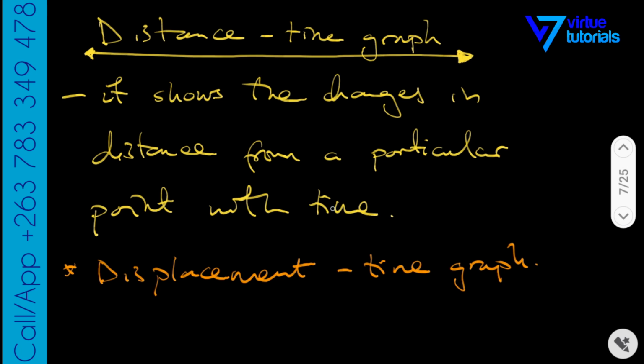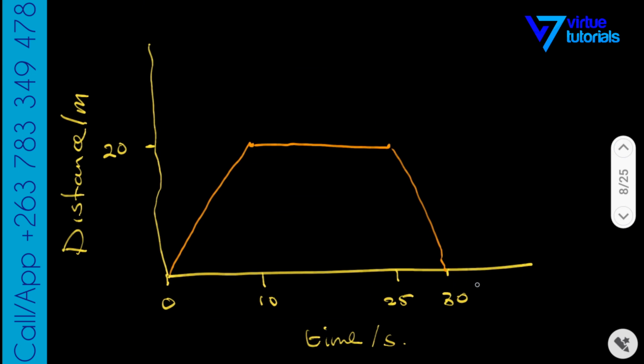For example, let's say someone is at home, they move away from home going to the grocery store, and they move back home. A distance time graph will be mapping how far they are from home throughout their entire journey. Here is an example of a distance time graph.